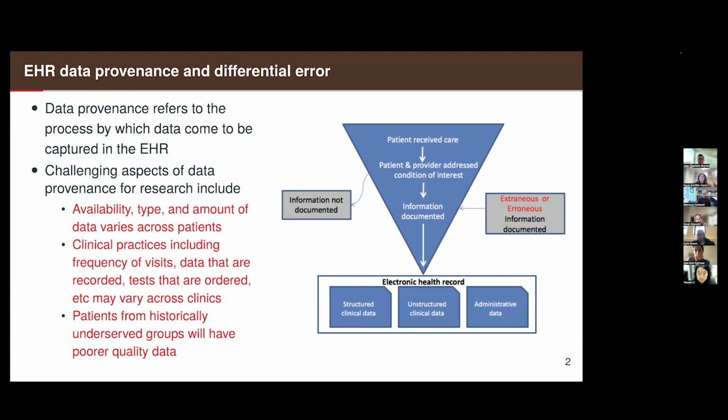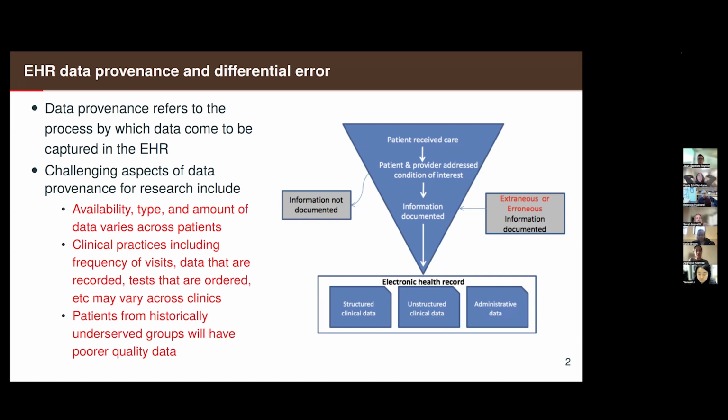So the amount of data available and the type of data available is also going to vary enormously across patients. All of this tends to happen in a very clustered way where different healthcare systems, different clinics, and different providers tend to have different practice patterns that generate data that looks different. And then we have patients nested within those units.